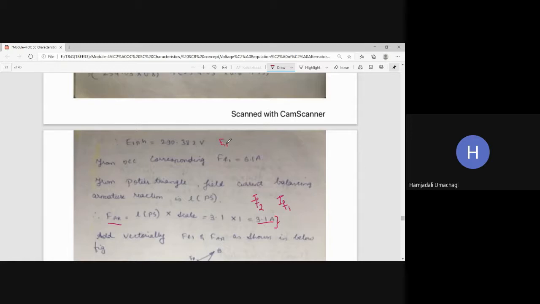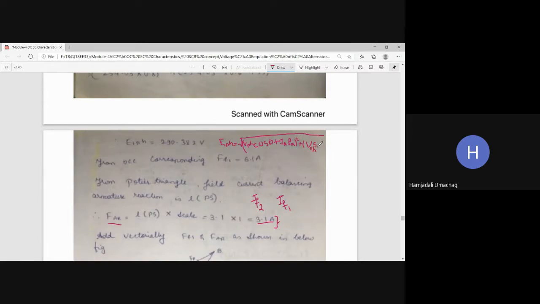Note down this formula, all of you. E1 phase is equal to the square root of (V phase cos phi plus IA RA) whole square plus (V phase sin phi plus or minus IA into XL).